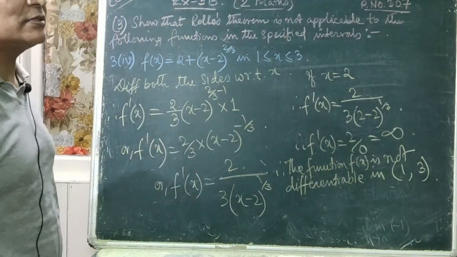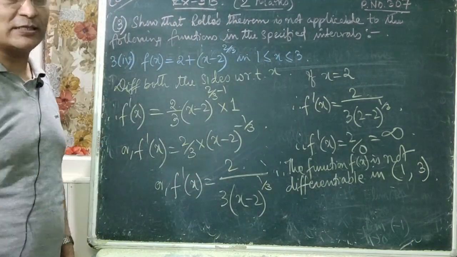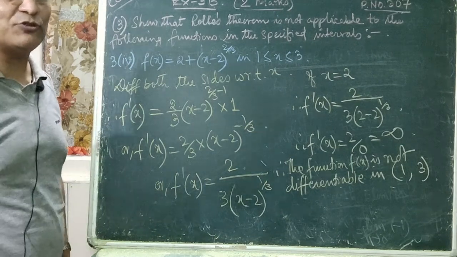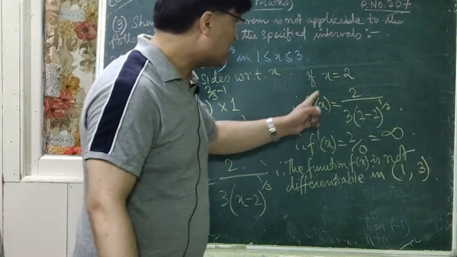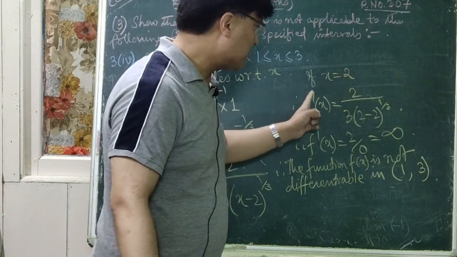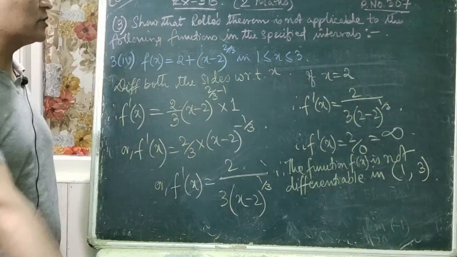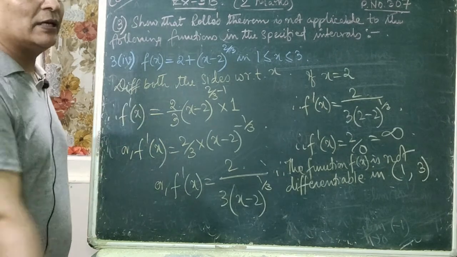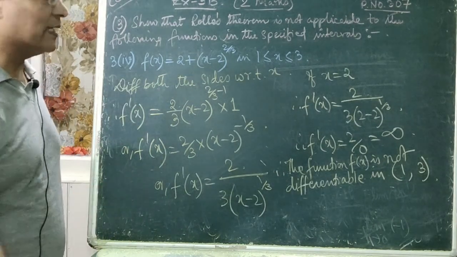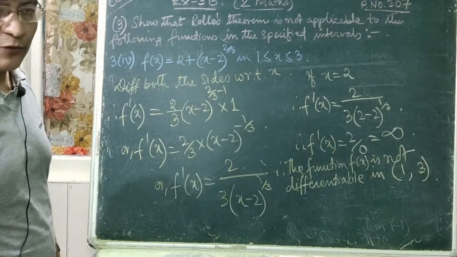Within bracket means it is an open interval, that is 1 less than x less than 3. Because at x is equal to 2, this f dash of x is undefined. Is that clear? So the function f of x is not differentiable in the open interval 1 less than x less than 3. Is that clear to all of you?